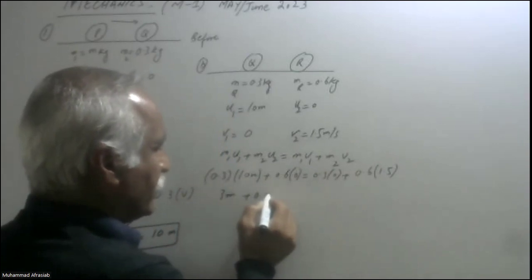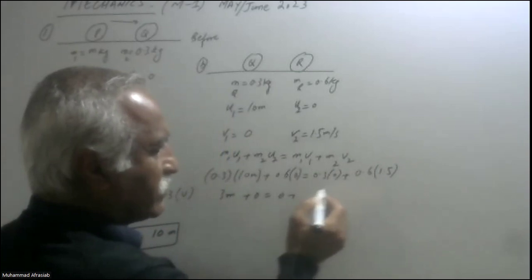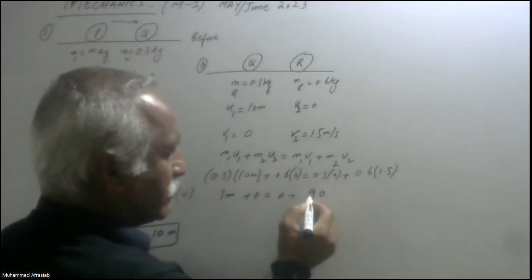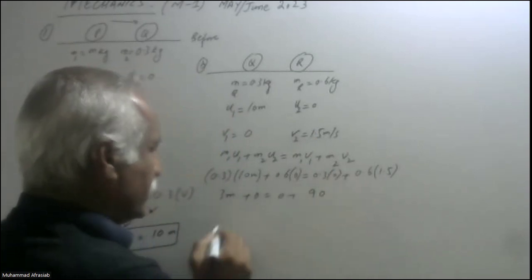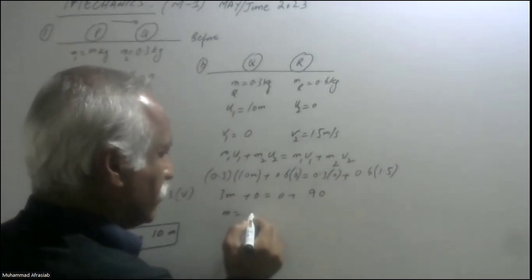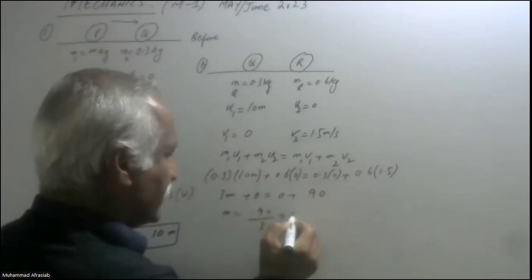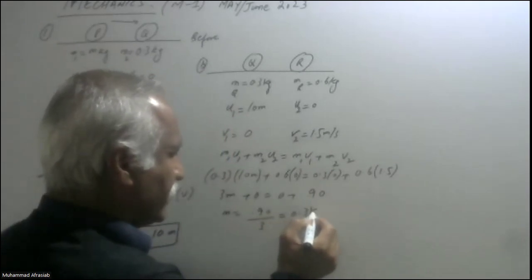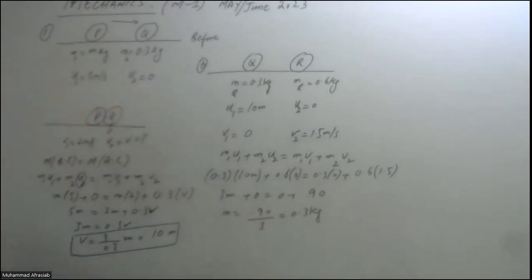So this will become 3m plus 0 is equal to 0 plus 0.90. So m is equal to 0.90 over 3, which is equal to 0.3 kg, the mass m of this particle.